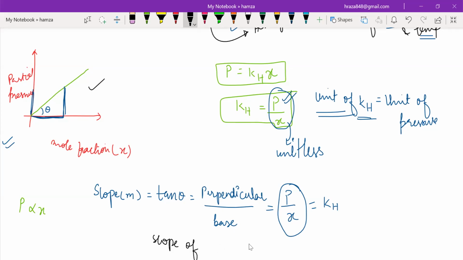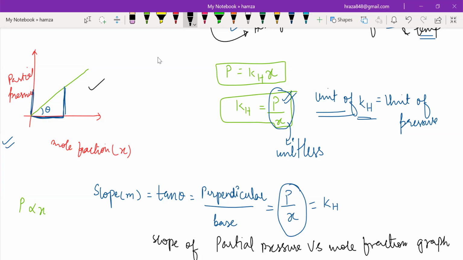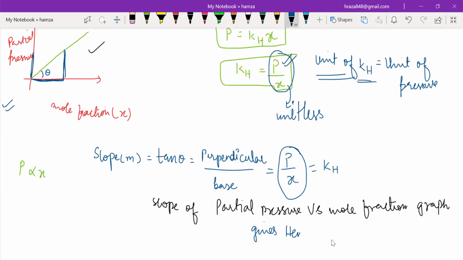What I want is that from this graph, I conclude that the slope of the partial pressure versus mole fraction graph gives Henry's constant.